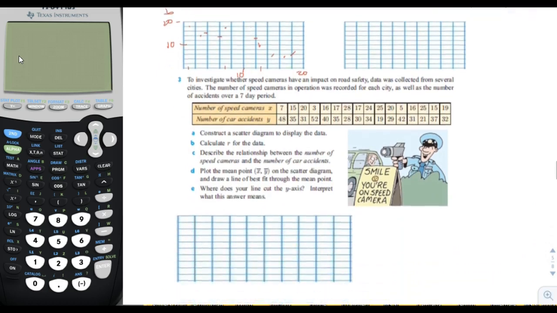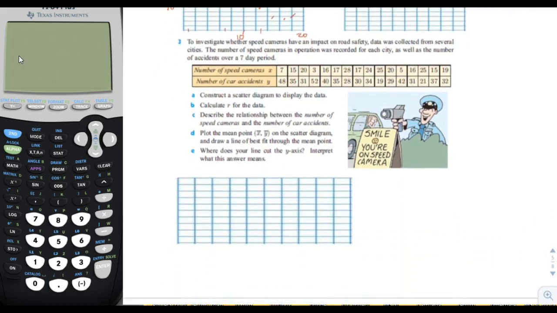Number 3. To investigate whether speed cameras have an impact on road safety, data was collected from several cities. The number of speed cameras in operation was recorded for each city, as well as the number of accidents over a 7-day period. So x is the number of speed cameras, and y is the number of accidents.